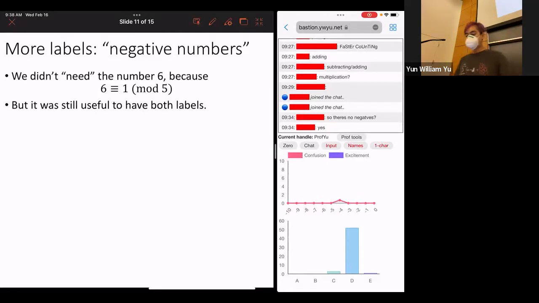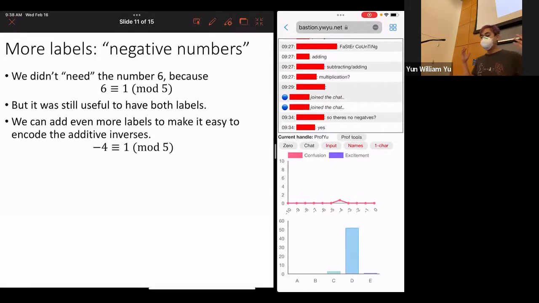And so we can add even more labels to make it easy to encode additive inverses. So something like -4 is equivalent to 1 mod 5. So what do we mean by that? What I mean is that subtracting by 4 is the same as adding 1. And if you think about a circle, that sort of makes sense, right? If you go 4/5 of the way around one direction, that's the same as going 1/5 of the way the other direction.